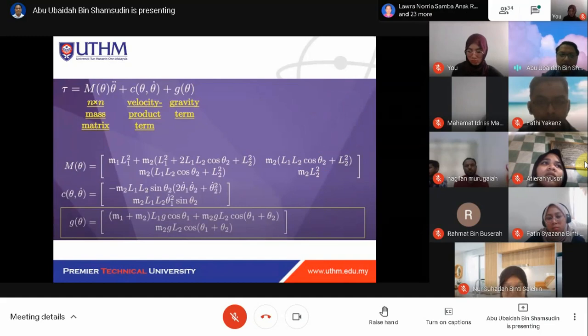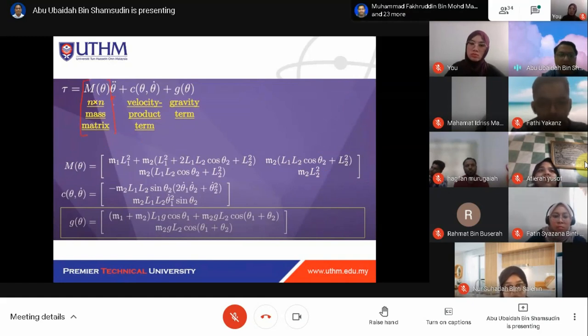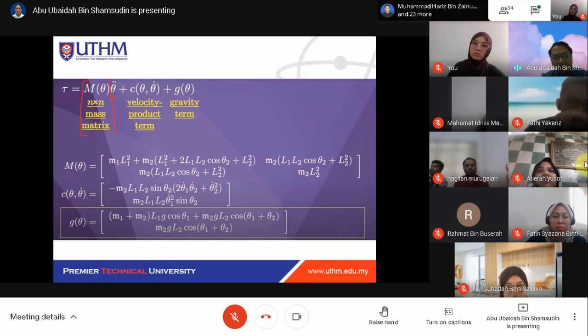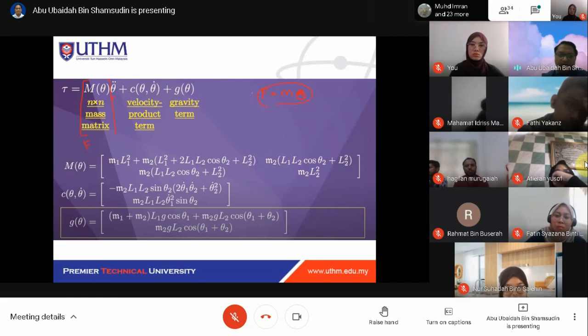The most important thing is you can see that the things that affect the acceleration of the robot is the mass. If you have higher mass, your robot will need much more power to move. If you remember, F is equal to ma. A is acceleration, A is theta double dot. So this is the force caused by this part, by mass.